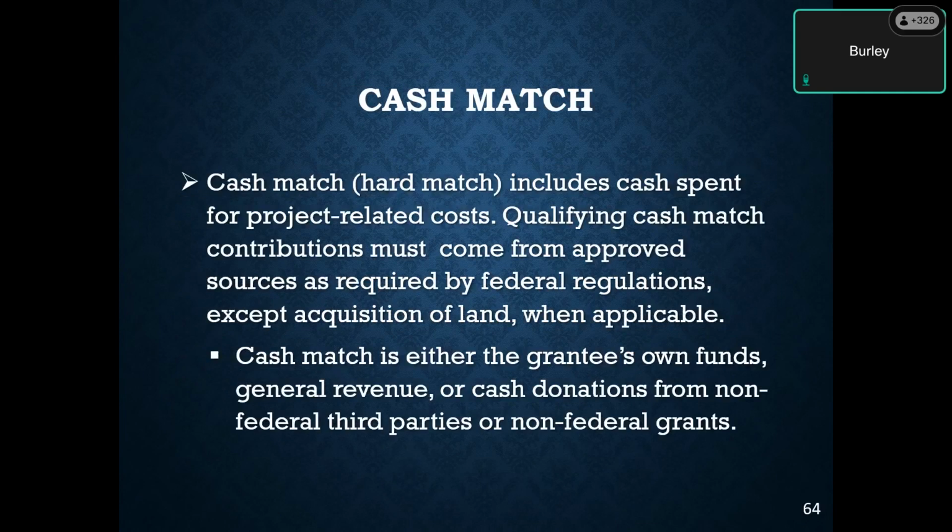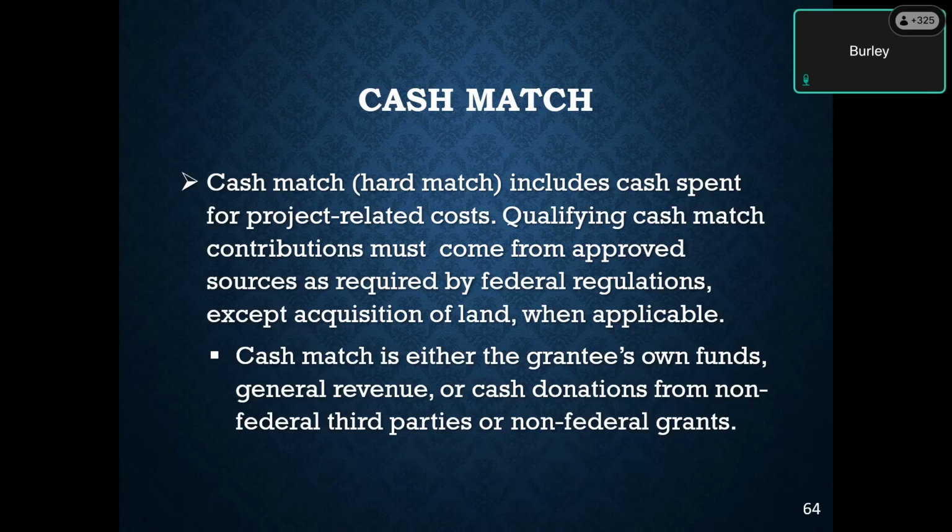There are two types of match: a cash match, also known as a hard match, and an in-kind match, also known as a soft match. Federal grants typically require that match contributions come from a non-federal source. Cash match is the most common type of match, and as stated on the slide, is either the grantee's own funds or general revenue, or cash donations from non-federal third parties or non-federal grants.